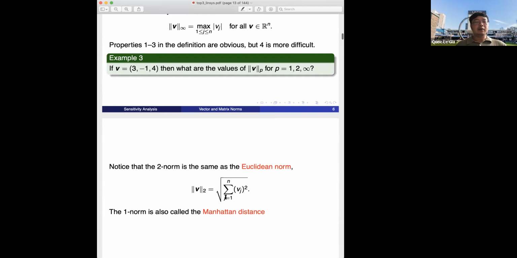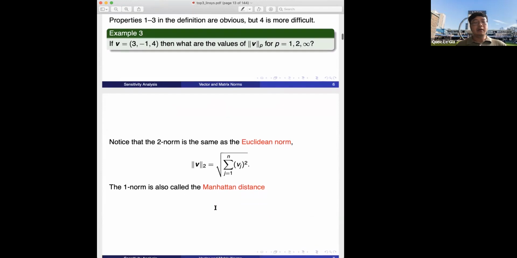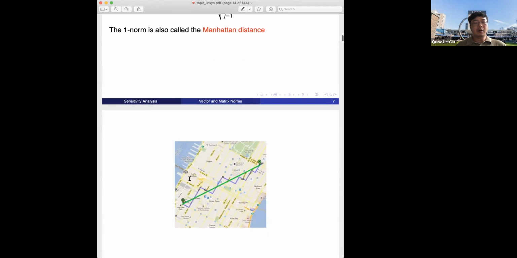And the 1 norm is also called the Manhattan distance. Manhattan is the CBD of New York, right? If you've been to New York, you will see that the streets in the central business district look like a chessboard.